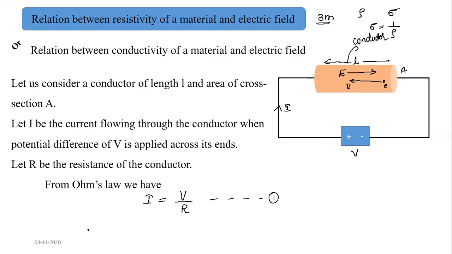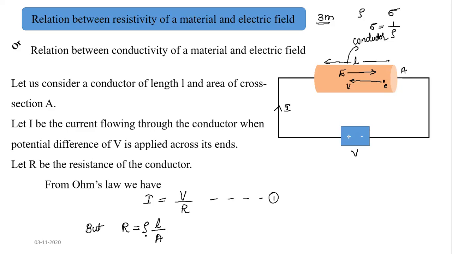But what is the value of this R? When the length of the conductor is given and A is given, you can write R. Ultimately you want the value of resistivity, and resistivity comes in the resistance. How does it come?